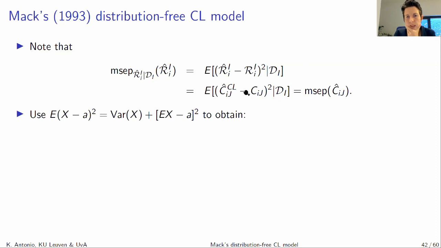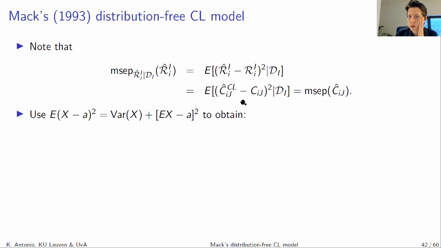And now we're going to apply this principle, namely that if you look at the expected value of x minus a, squared, you can see that as the variance of x minus a, but that's the variance of x if a is a constant, plus this guy, right? So we want to apply this rule of thumb. And then my question to the students is always, which of those quantities here, the c hat or the Cij, which of these two quantities will I approach as the constant a in my derivation?